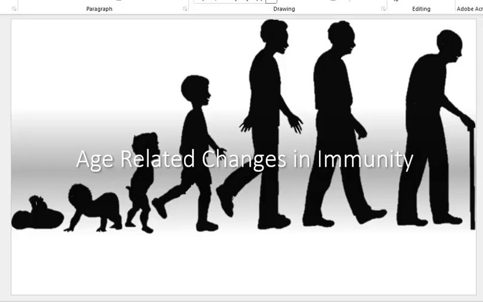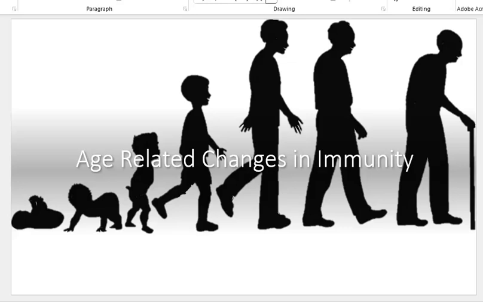For your antibody-mediated immunity, there's going to be a decreased number of forming B lymphocytes, and the ability to develop into antibody-secreting cells is decreased. Older adults can't develop new antibodies, thus needing vaccines such as the flu, pneumonia, shingles, and COVID vaccine.